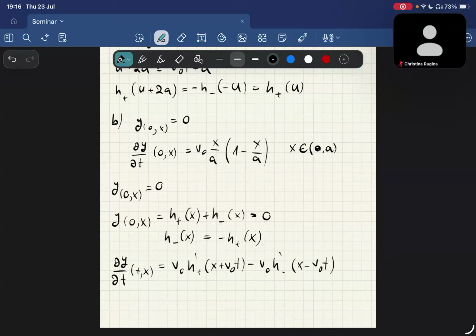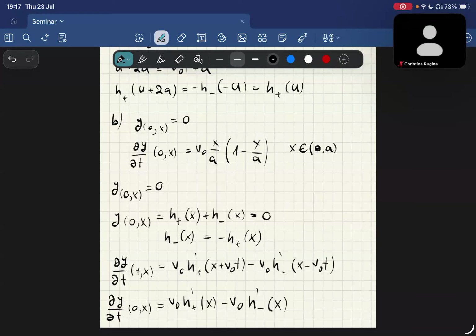Okay, so replacing t with 0, we get, okay, good.